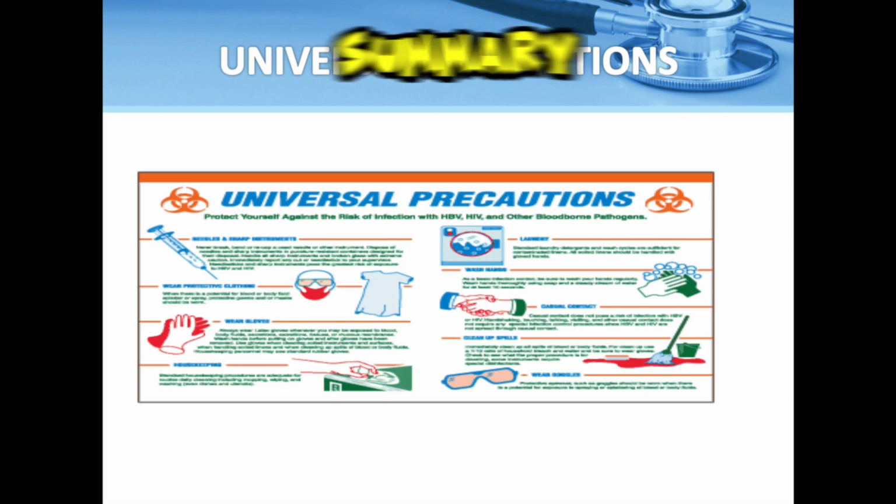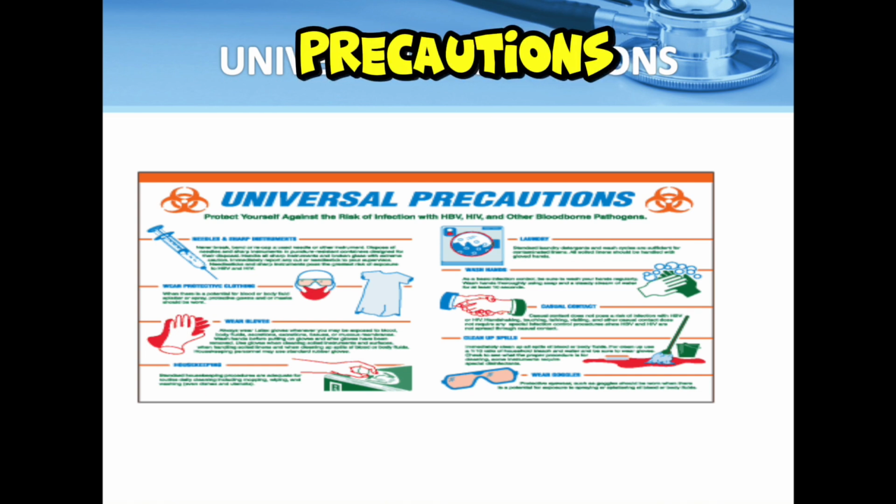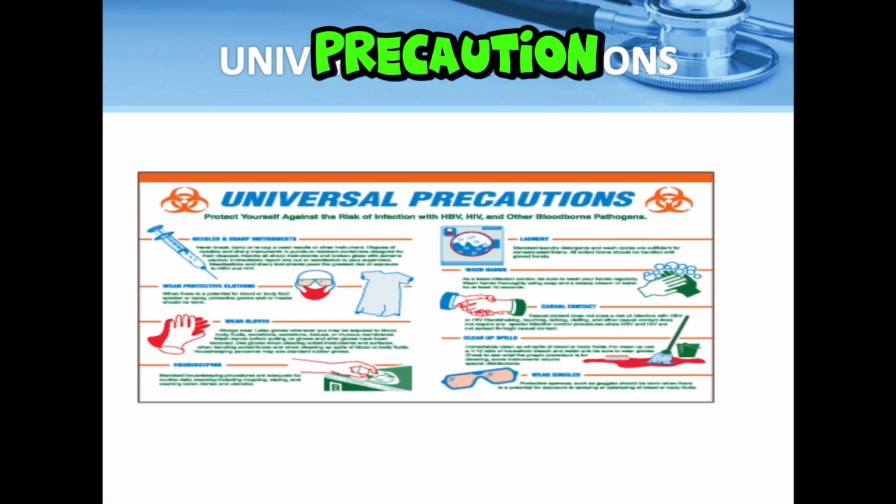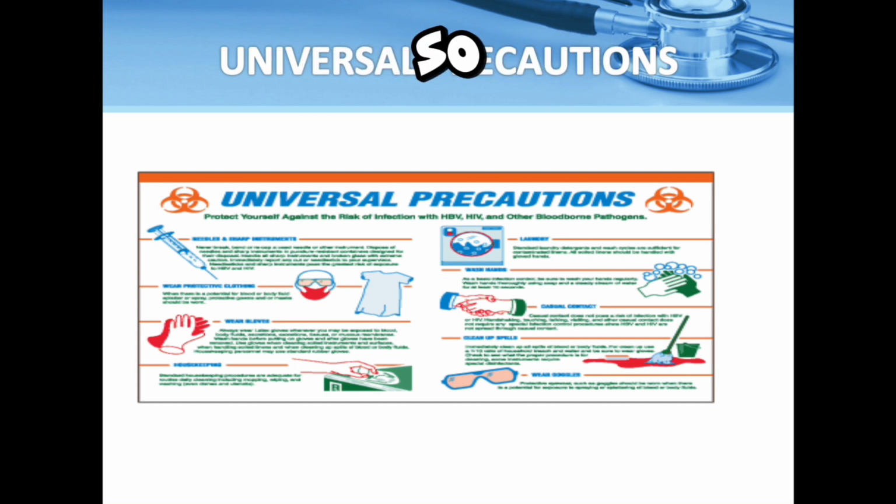So in a quick summary, universal precaution includes contact precautions, washing hands, use of hand sanitizer, environmental cleaning, and linen care. All that has to be planned and put in one good strategy to maintain good universal precaution and infection prevention at your workplace. So I hope you can work on this with your colleagues.